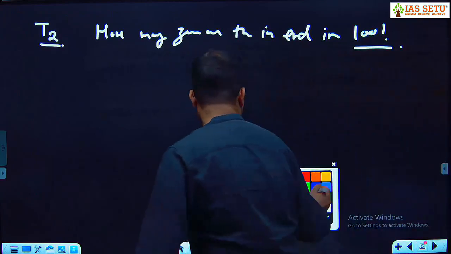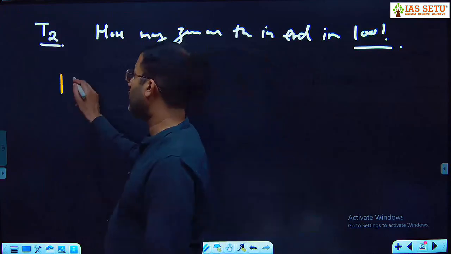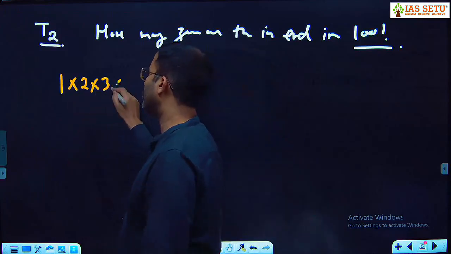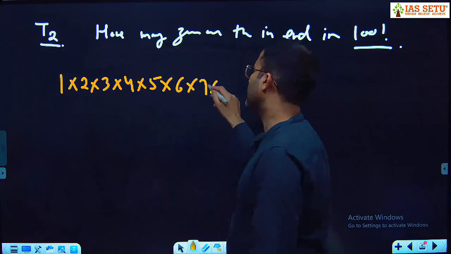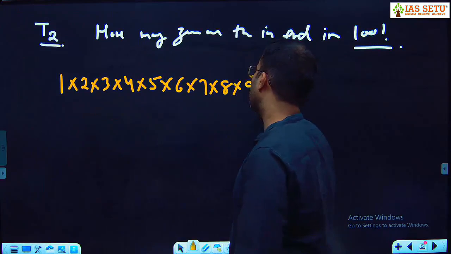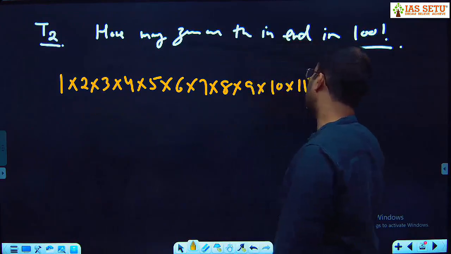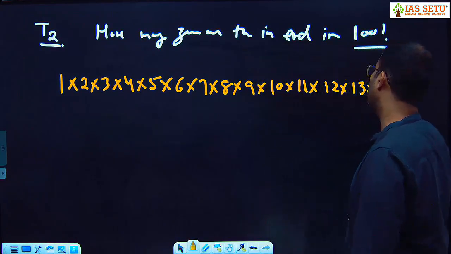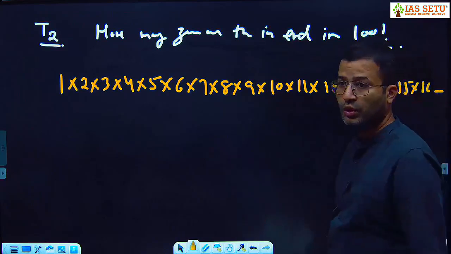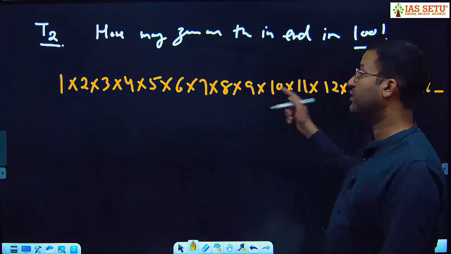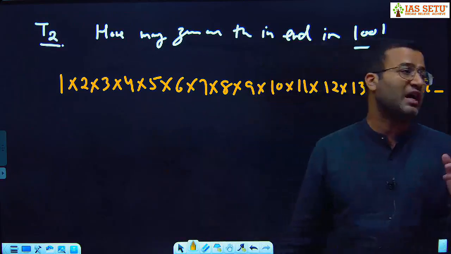If you see the long method, it is 1 into 2 into 3 into 4 into 5 into 6 into 7 into 8 into 9, 10, 11, 12, 13, 14, 15, 16 and so on. Then you have to check how many 5s are there, how many 2s are there. It is time consuming.